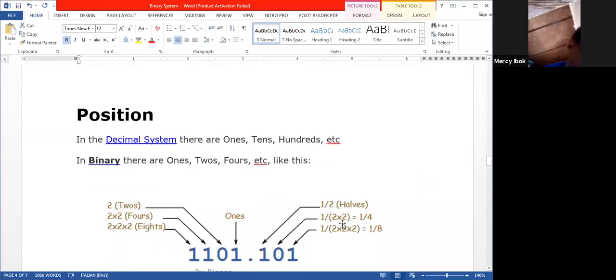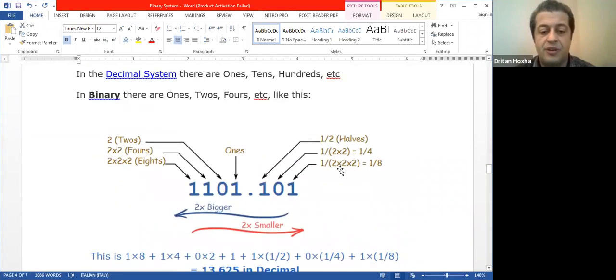In the binary system, this occurs by powers of 2, not by powers of 10. So when we have the powers of 2 filled, we continue with the other positions as well. Let's see a table here. This position here shows ones.